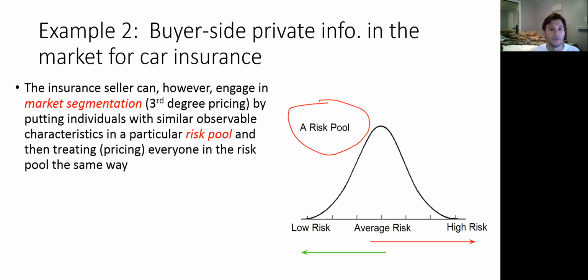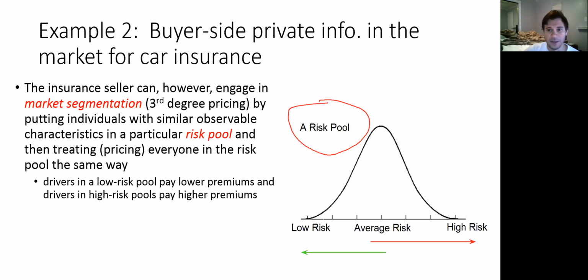You can't really get away from that, because these observable characteristics are an imperfect piece of information. And the idea now is that rather than personalizing each individual's premium separately, the insurance company is a little bit coarser and can only personalize groups of individuals together by pricing everyone in the same risk pool accordingly.